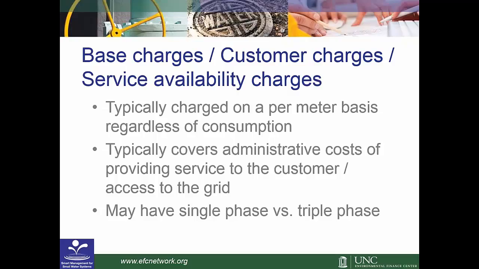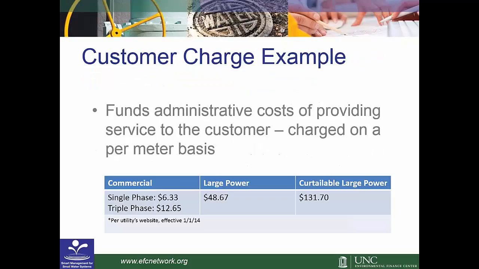This charge usually is used by the electric utility to cover at least some of their administrative costs of providing service to you, their customer, and providing you access to or connection to their electric grid. The base charges may vary, which one they put you under, depending on things like, are you being provided with single-phase electric power, triple-phase electric power, or other considerations.